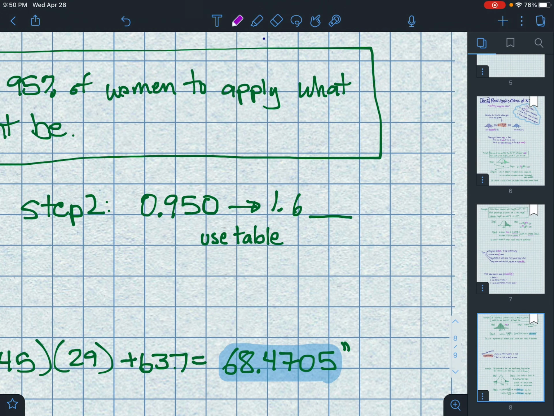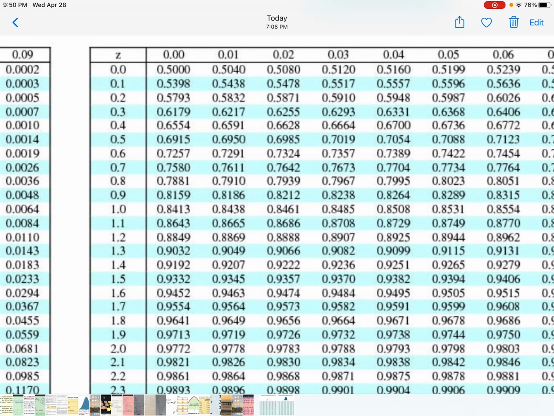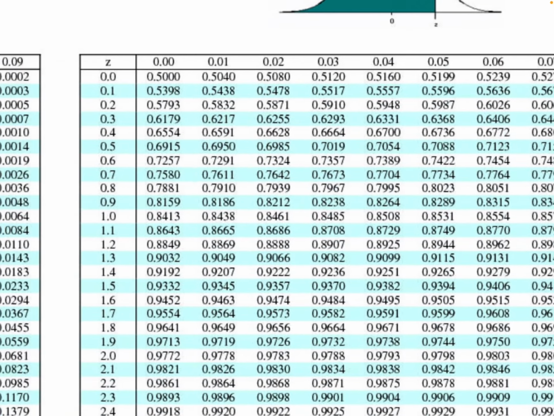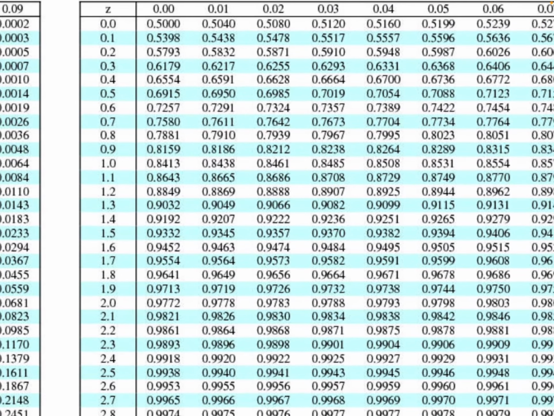All right, step 2. We're now going to use a table to look up 0.950. And so here we go. I'm looking for the 95th percentile. And hopefully you can see in the 1.6 row, you have to go over 0, 1, 2, 3, 4.